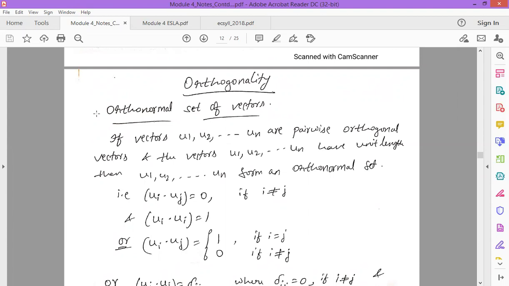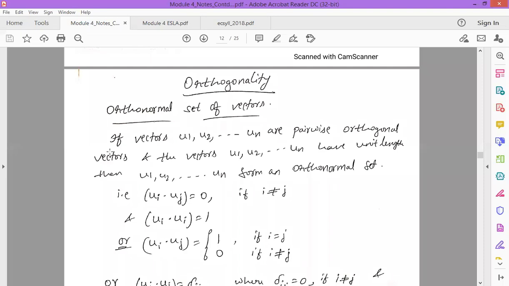Considering that definition, we can go on to look at the orthonormal set and the orthogonality properties of vectors. We can consider the orthogonality between two vectors. Two vectors are said to be orthogonal if they are perpendicular to each other.